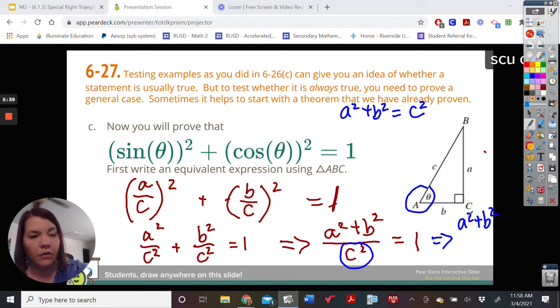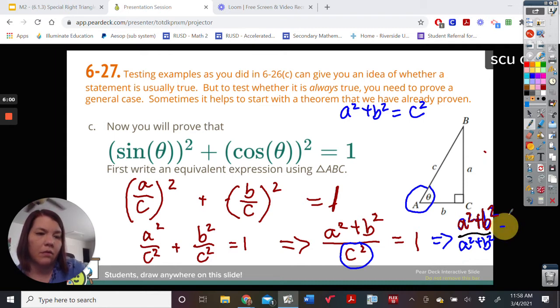Anything divided by itself is 1, and so that's why it's equal to 1. That's because I replaced c squared using the Pythagorean theorem.